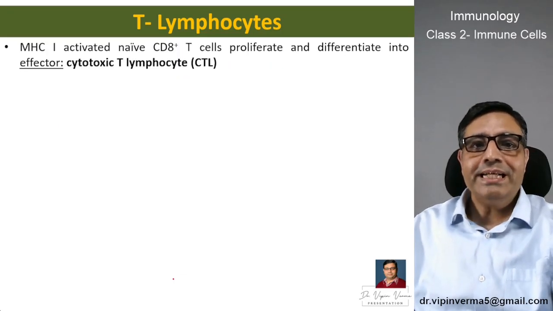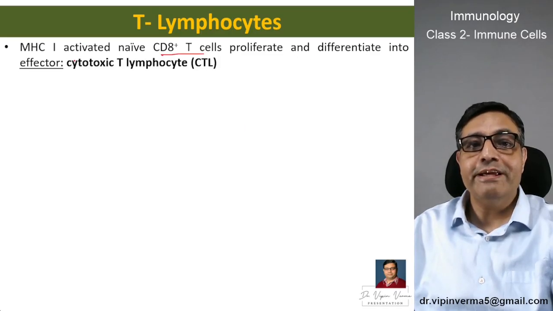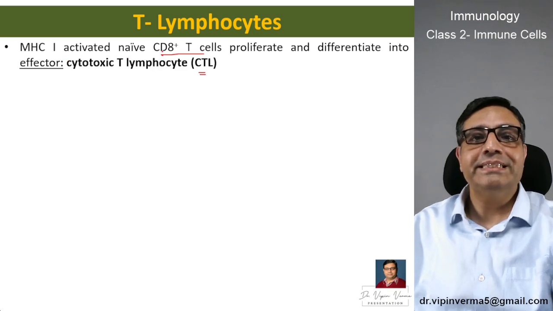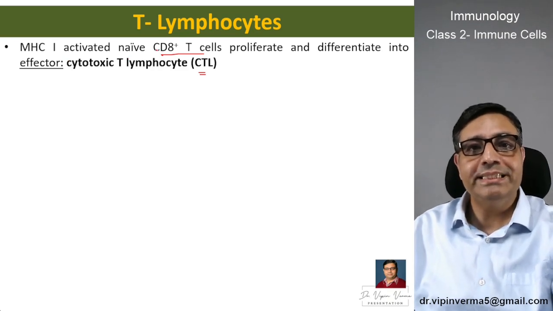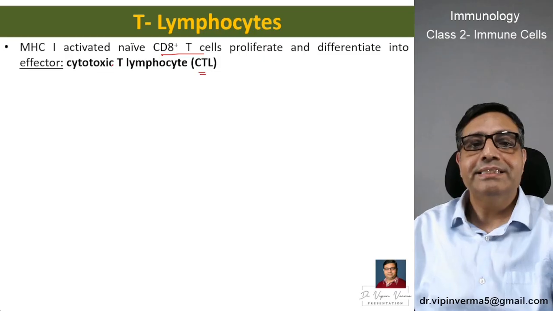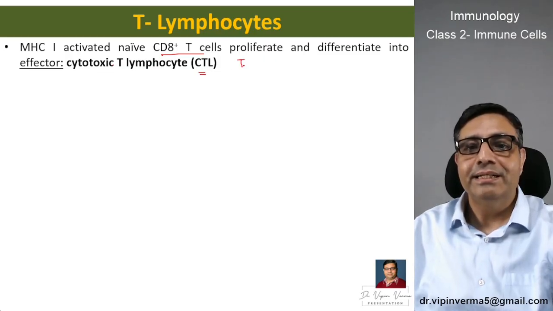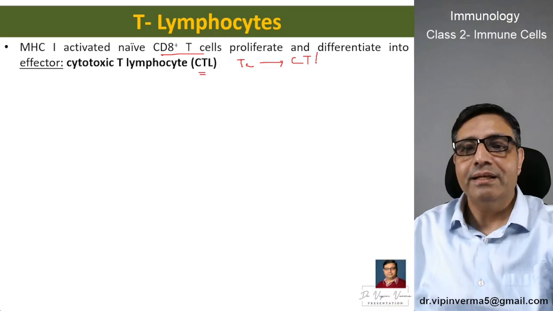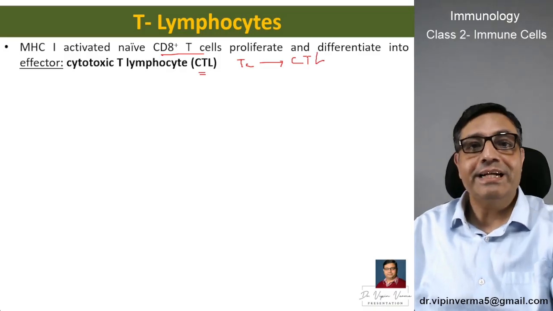Now, MHC1 activated naive CD8 positive T cells proliferate and differentiate into effector cytotoxic T lymphocytes, or CTLs. So the effector cells of the CD8 positive T cells or TC cells are the CTLs. You should understand it like this: TC cells get converted into CTLs, and the CTL is the effector cell.